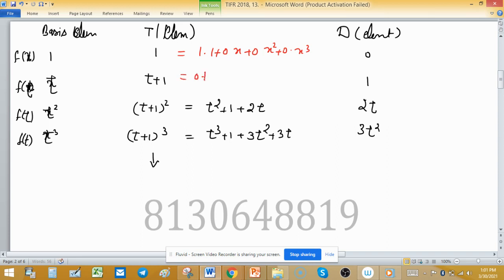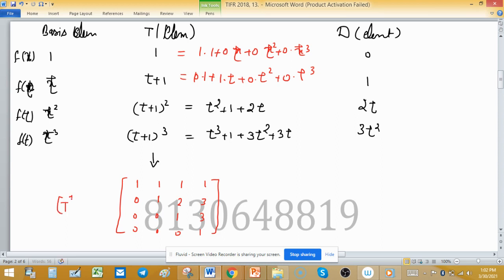You can write the next one as 0 times 1 plus 1 times t plus 0 times t square plus 0 times t cube, because this is the parameter t, and similarly for the others. So the coefficients of these linear combinations become the columns. The first column will be 1 0 0 0, the second column will be 1 1 0 0, the third column will be 1 2 1 0, and the last one will be 1 3 3 1. This is the matrix representation for T.